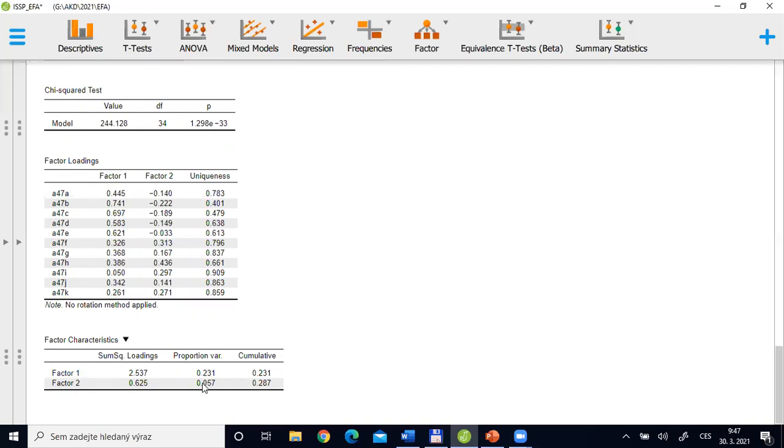The second one is very, very weak in comparison with the first one. Only approximately 6% is covered here. So in total, we are slightly below 30%. So that's also a sign that the first factor is a very, very strong one. It is taking nearly all items together, and it is not differentiating between items.